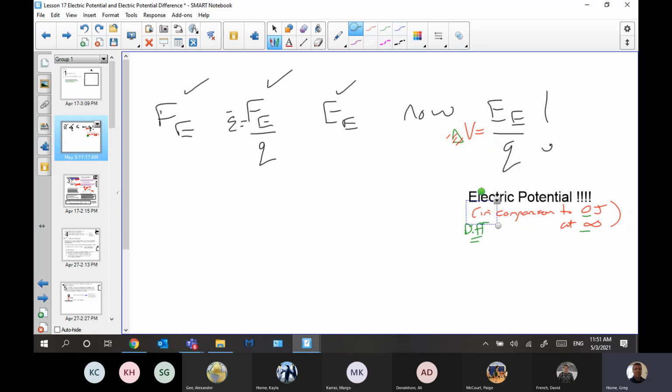And then finally, the new one now, and finally we've got delta V, for sure delta, which is now delta E, electric potential energy change, per Q, right? And so this delta is like a difference between two local spots.